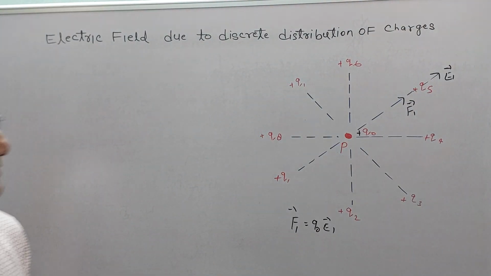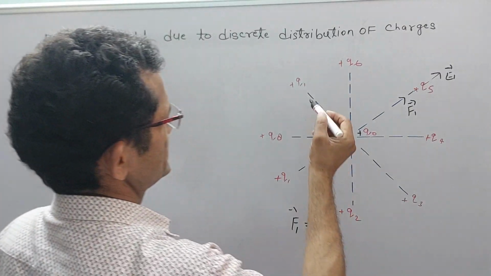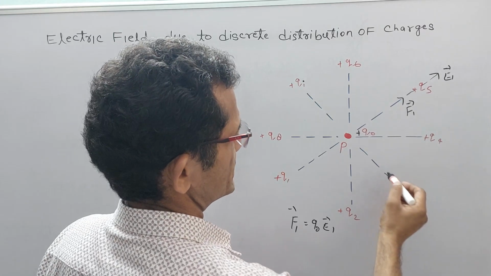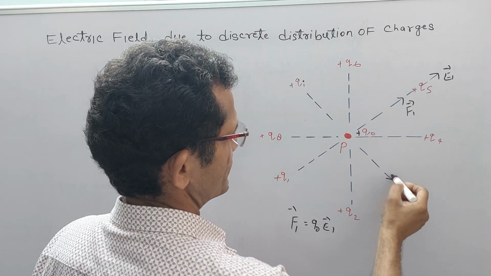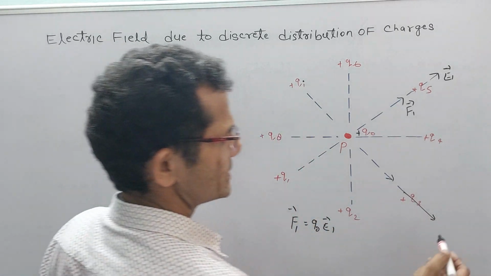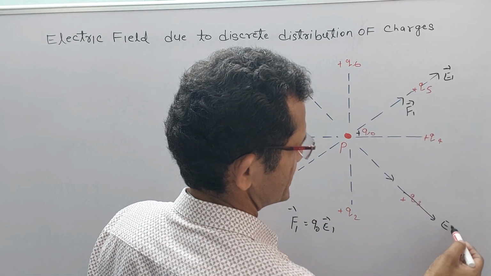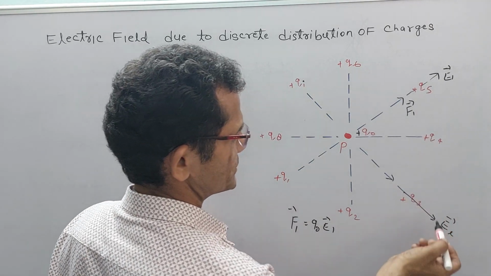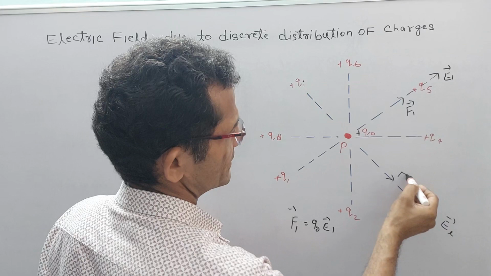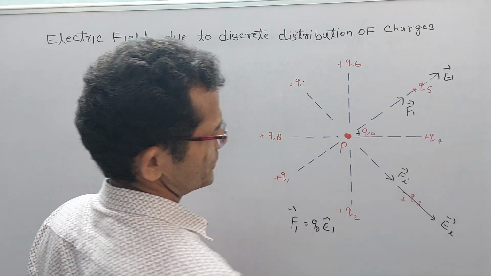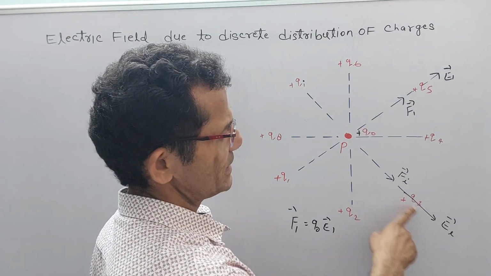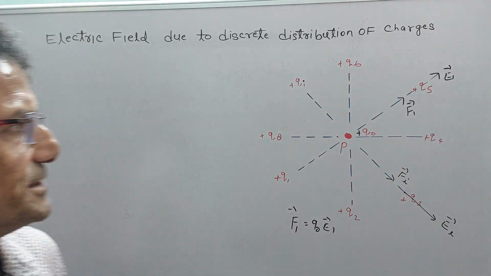Similarly, if I take the ith charge, it will produce an electric field along this direction. Let us represent the electric field due to the ith charge by E ith, and the force on Q0 will be F ith. The direction of F and the electric field will be the same.